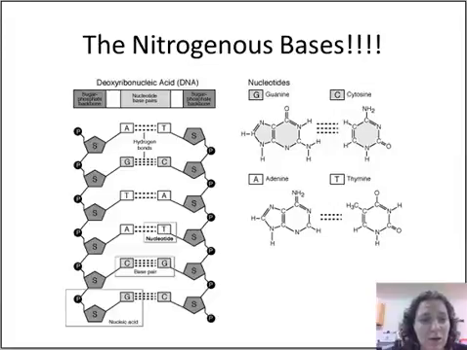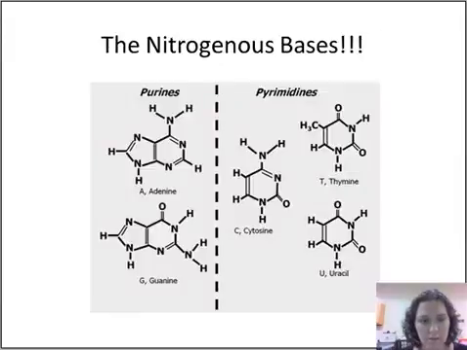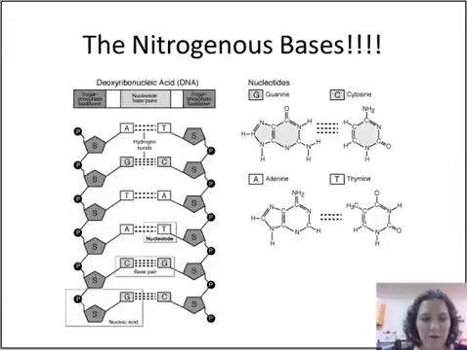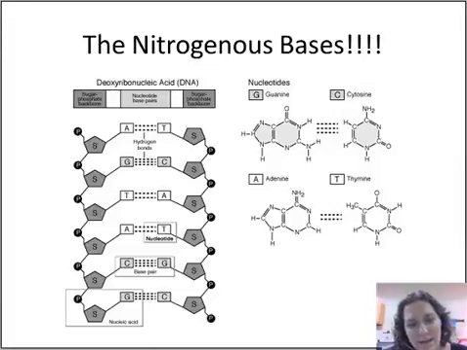So what happens is there will always be a purine bonded to a pyrimidine. And it's not any purine bonded to any pyrimidine. It's quite specifically guanine bonding to cytosine, where guanine is the purine and cytosine is the pyrimidine, and adenine bonding to thymine. Again, adenine is the purine, thymine is the pyrimidine.